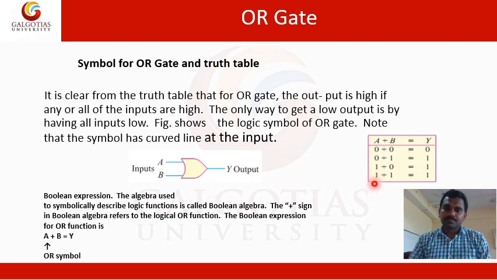So we can define the truth table as a table in which we put all the possible combinations of inputs and the corresponding possible outputs. If we write it in tabular form, this tabular form is called the truth table of the logic gate.